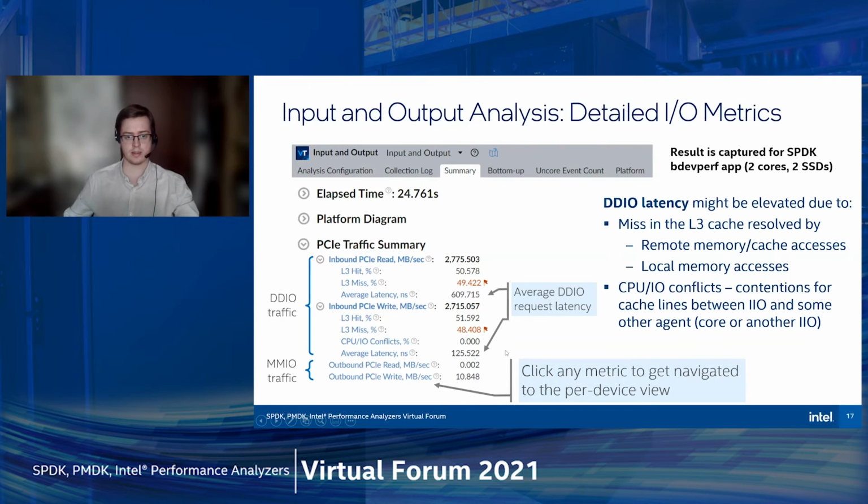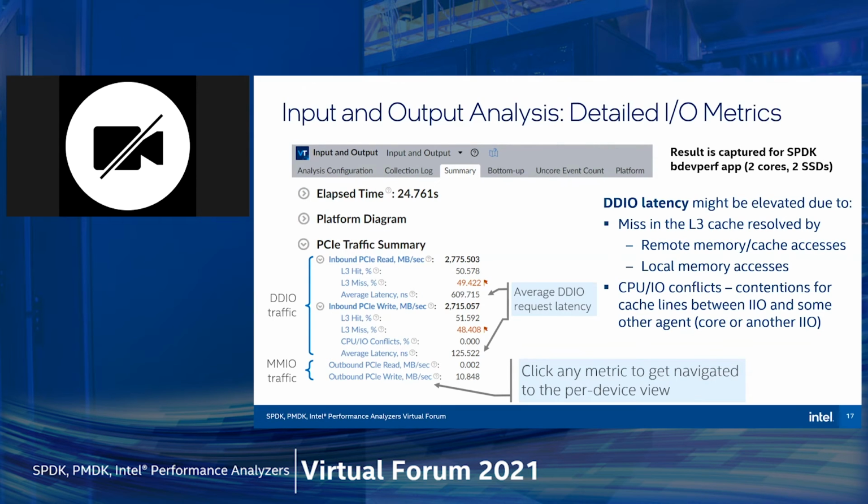In this case, we have quite high average inbound PCIe read latency, but I would say we were close to the limit of the SSDs, so probably we were just at the end of this hockey stick, right? When we are close to the throughput limit, the latency goes up.